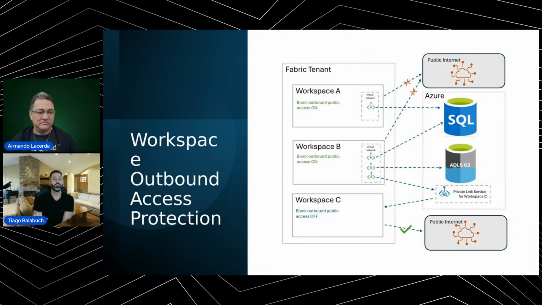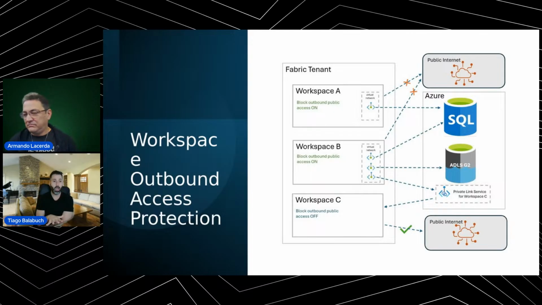I'm going to call it OAP, it's easier. OAP means outbound access protection. This is the opposite of private link. The data is moving away from your workspace to somewhere else.